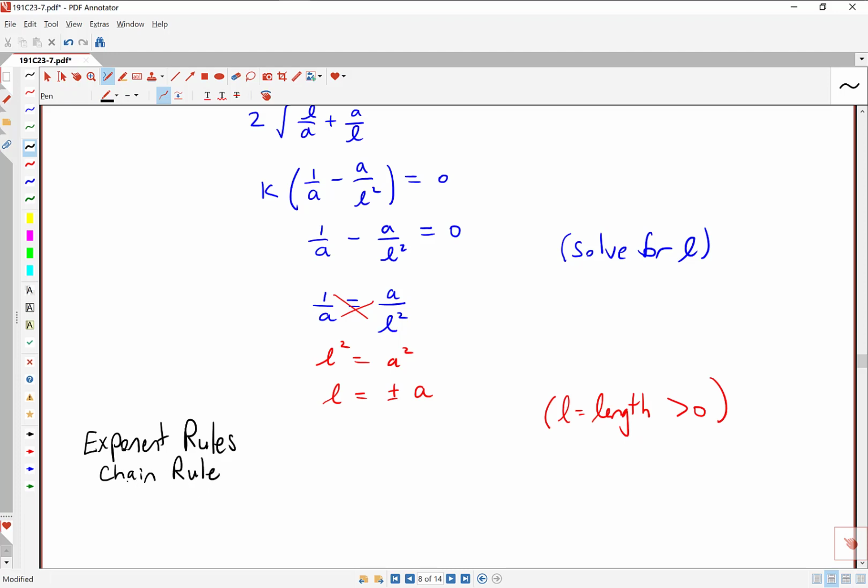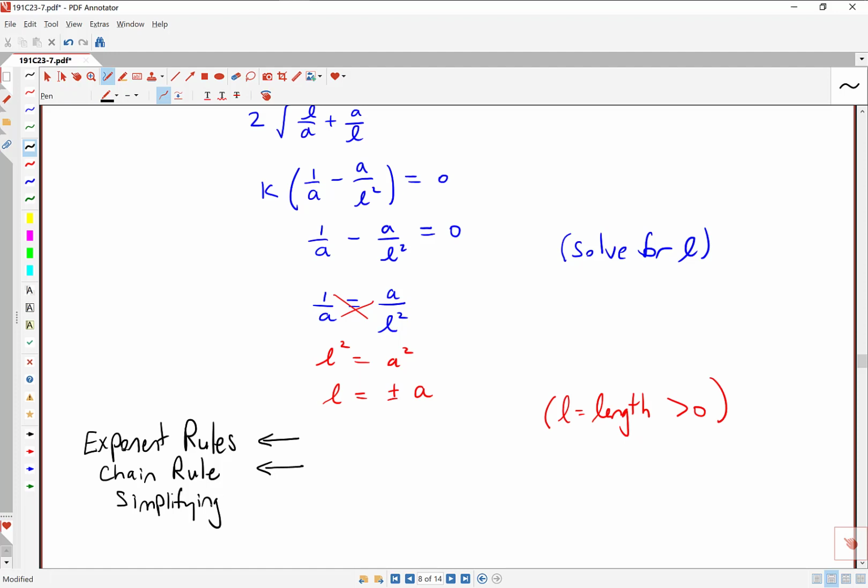Our various examples combine the chain rule with the product rule and the quotient rule for good multi-concept practice. And then the third major thing that we did was we worked on simplifying. But I would say in order of importance, quite important to understand your exponent rules and your chain rule.